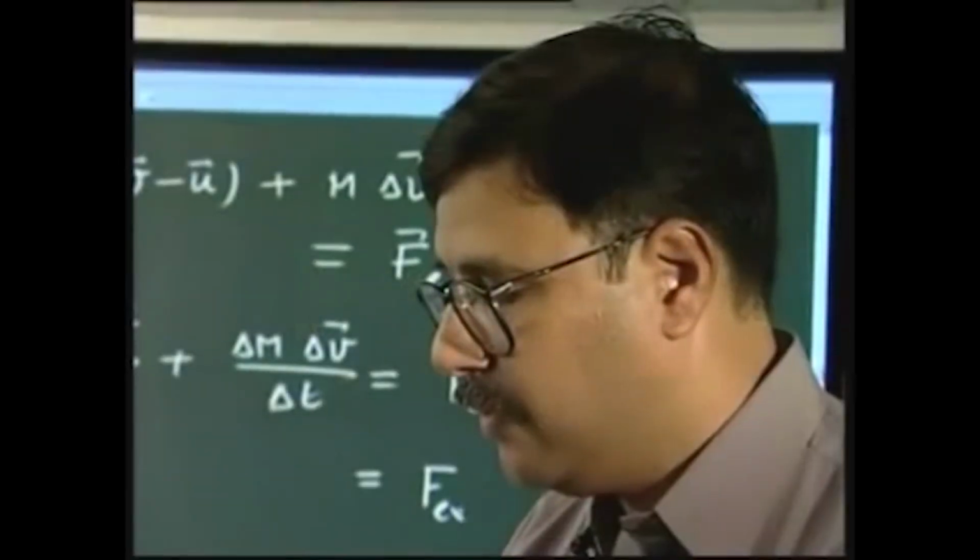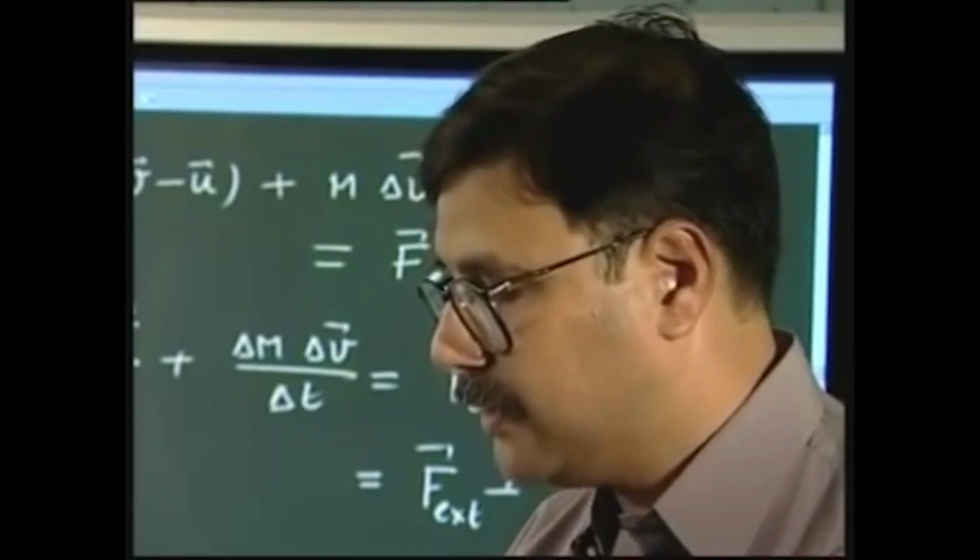minus delta m over delta t (v minus u), which I am going to rewrite as F external plus delta m over delta t (u minus v).